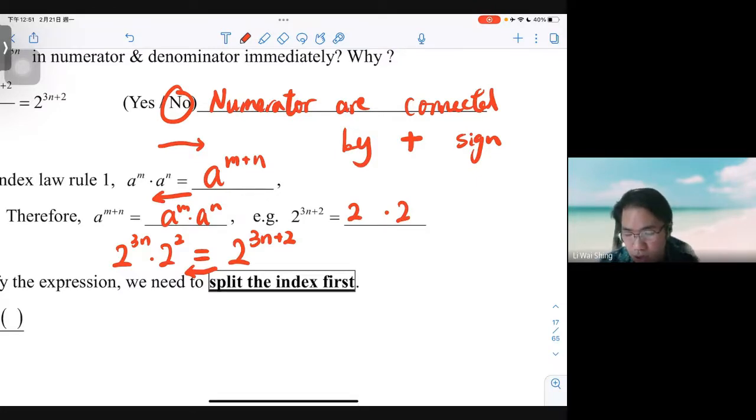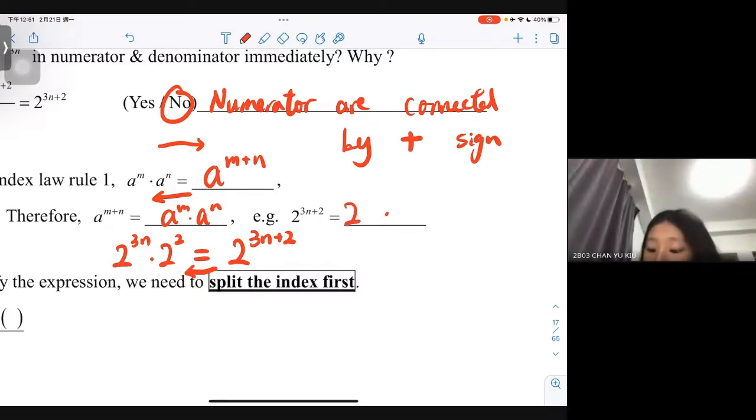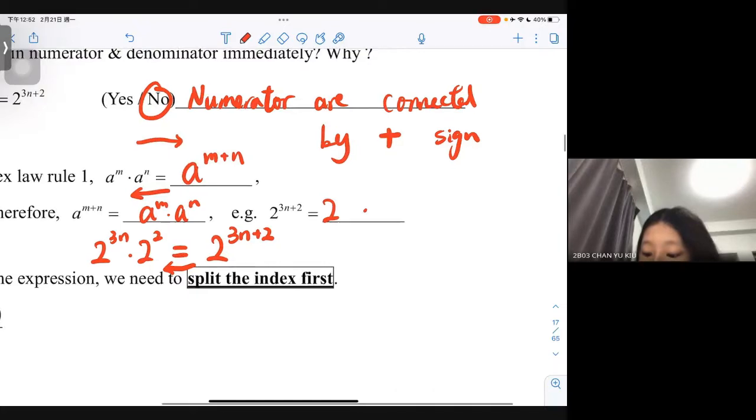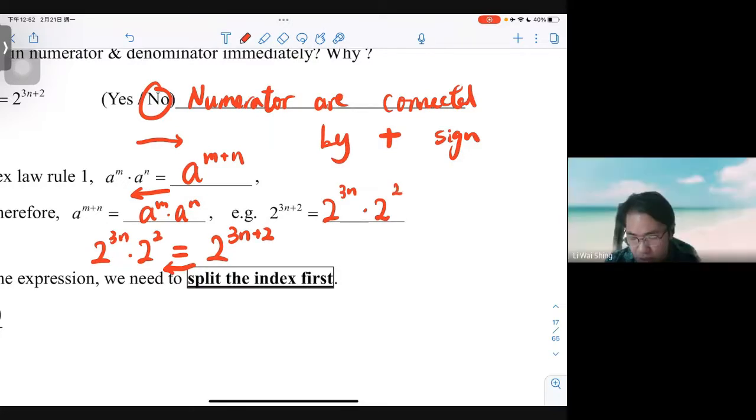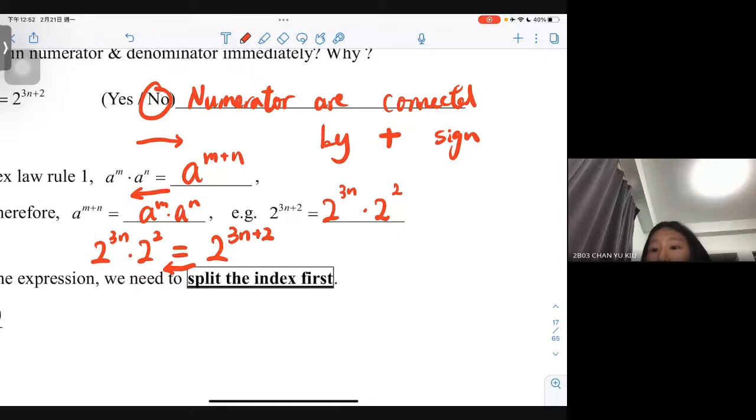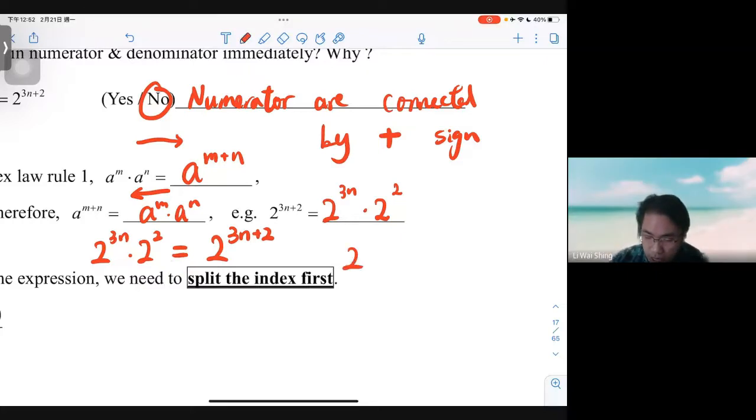OK，如果我要拆開佢啦，由右至左睇。OK, let me ask someone. Antonio, can you tell me which two things multiplied together equals to 2 to the power 3n plus 2? 2 to the power of 3n and 2 square. Right? Very good. Perfect. Okay, yes, a to the power m times a to the power n equals a to the power m plus n.